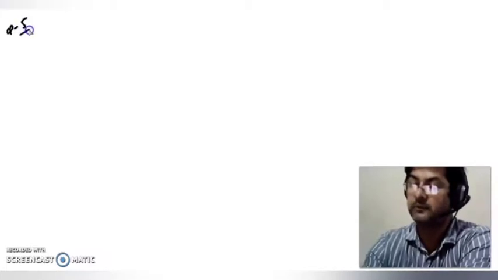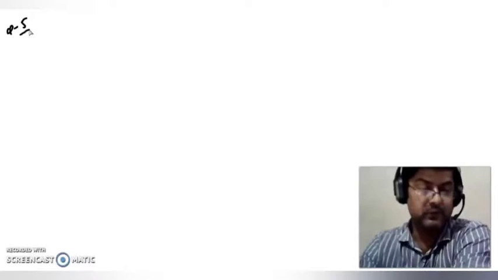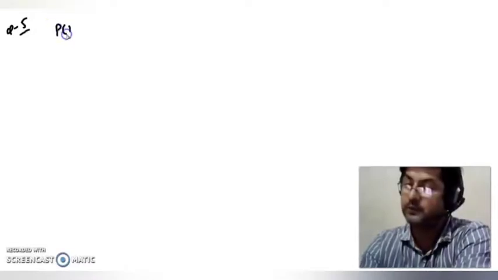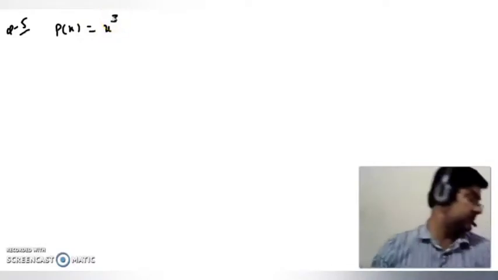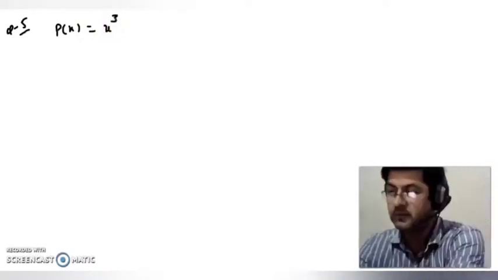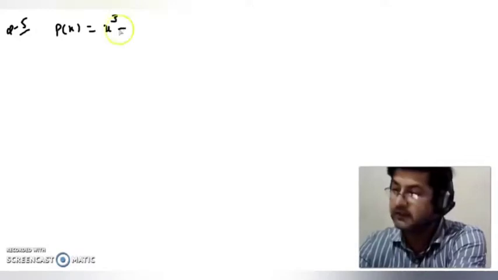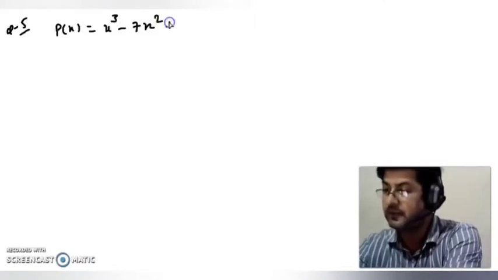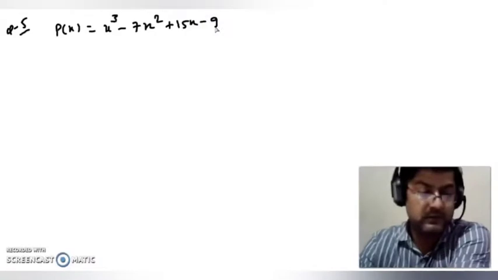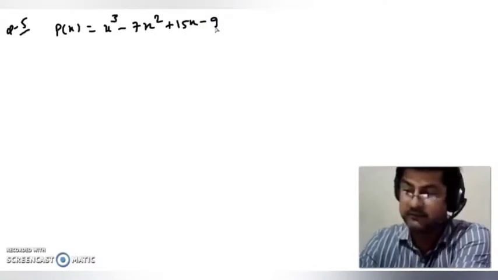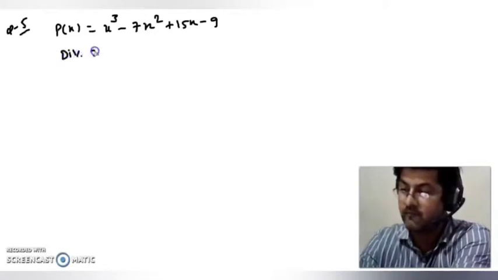Okay, question number 5. We are given a polynomial over here. P of x is equal to x cube minus 7x square plus 15x minus 9, and the divisor is given as x minus 3.